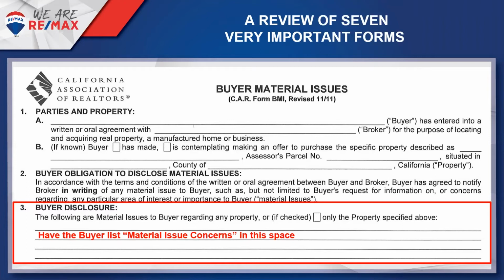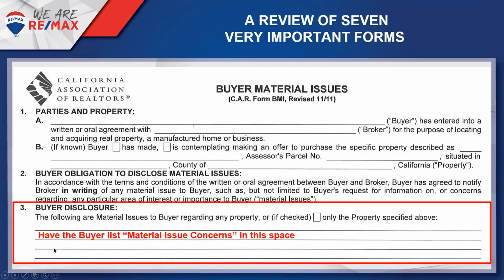Now, if they're doing it longhand, that's going to be real simple. If they're doing it with DocuSign, then I can tell you that the font is different, and it's noted that this information was inputted on the form by the buyer. So we have a legal paper trail that the buyer listed this information, not the agent.